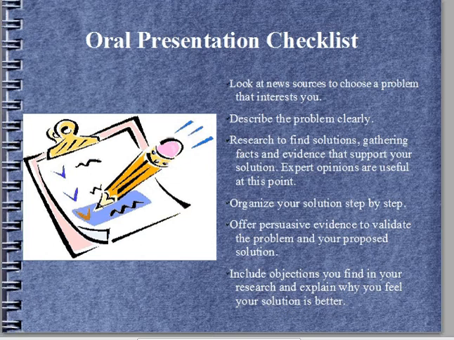Then you're going to offer persuasive evidence to validate the problem and your proposed solution. That means that you are going to try to persuade someone to see your point and your proposed solution, why yours is the best. So you include objections you find in your research and explain why you feel your solution is better.